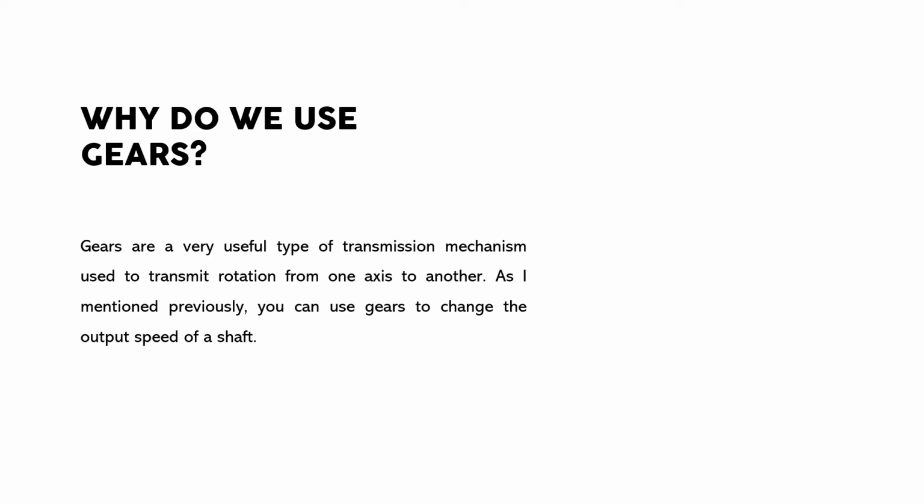Why do we use gears? Gears are very useful type of transmission mechanism used to transmit rotation from one axis to another. As I mentioned previously, you can use gears to change the output speed of a shaft.